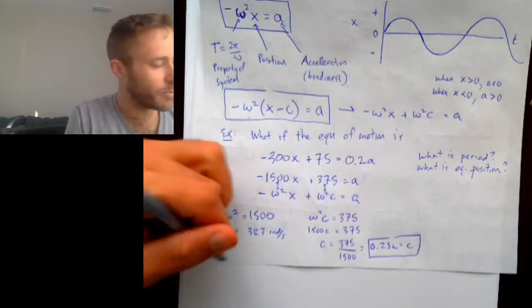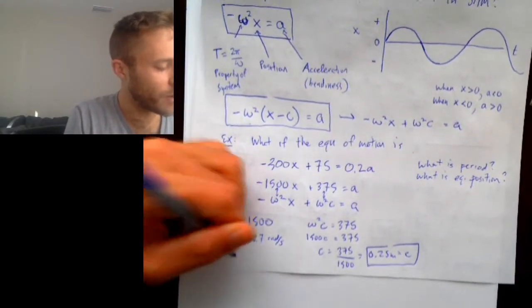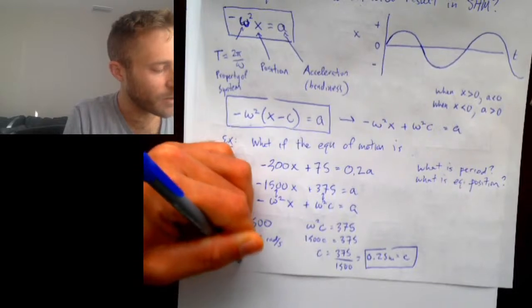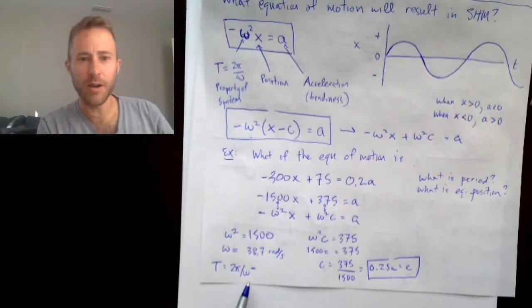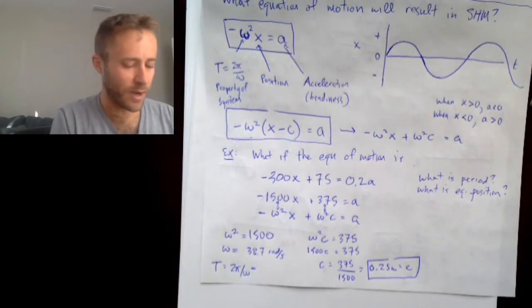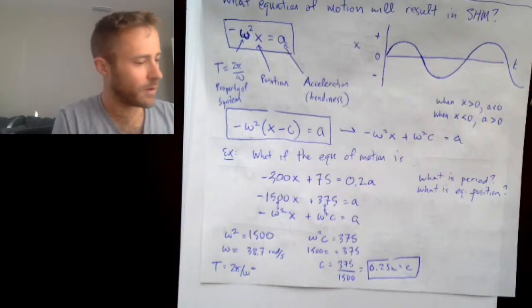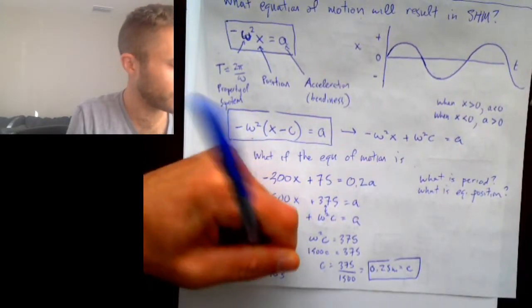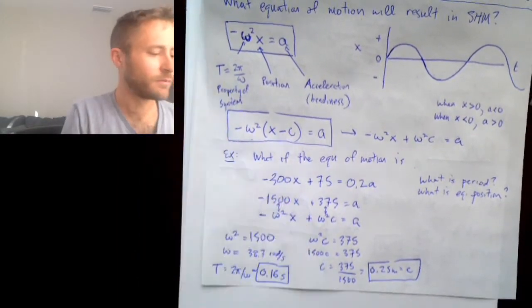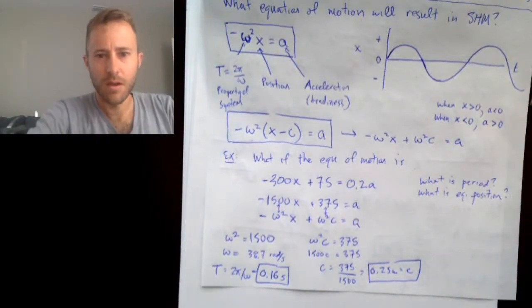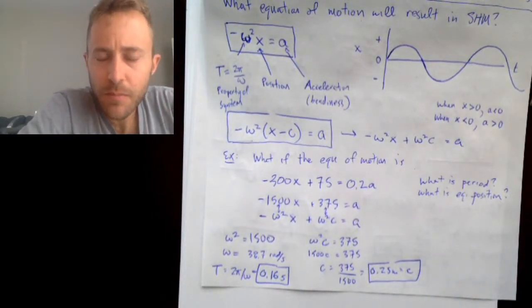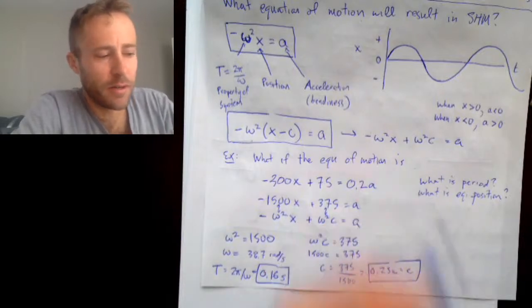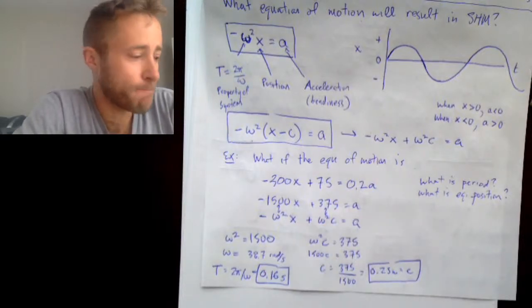And then the period is 2 pi over omega, so that would be 2 pi over 38.7, which is 0.16 seconds. So I determined the period and the equilibrium position from that.